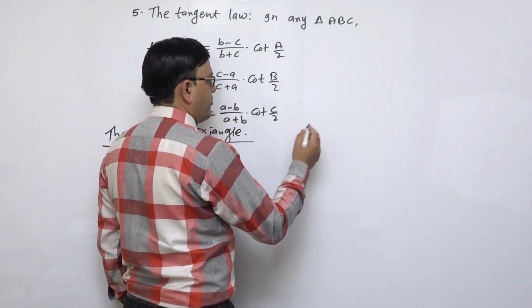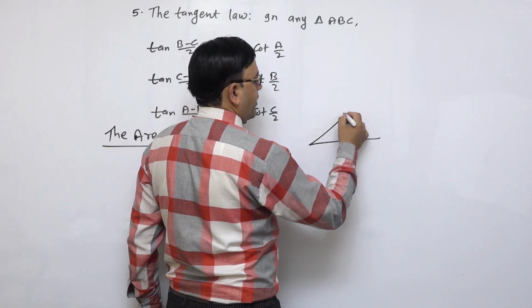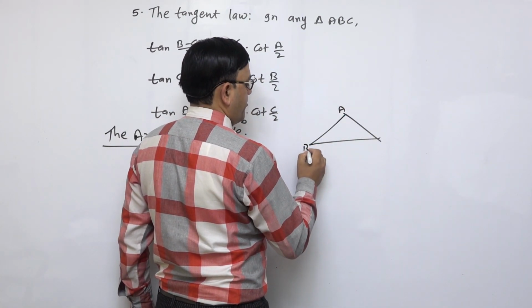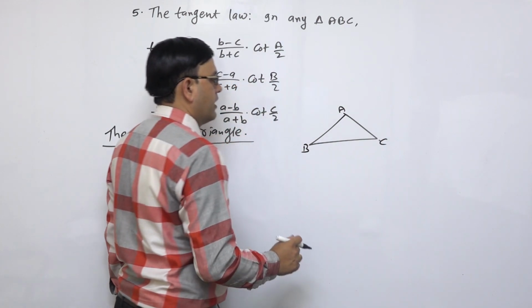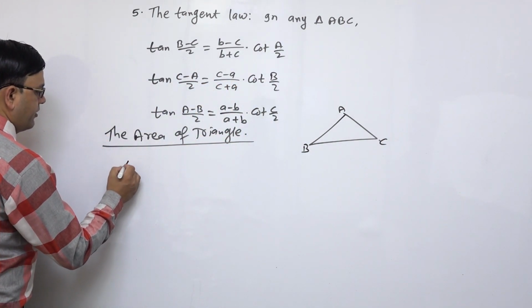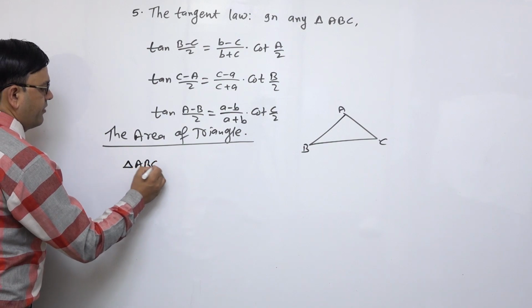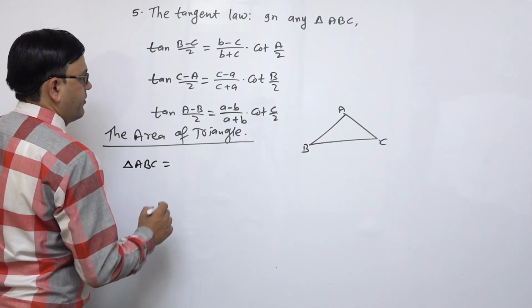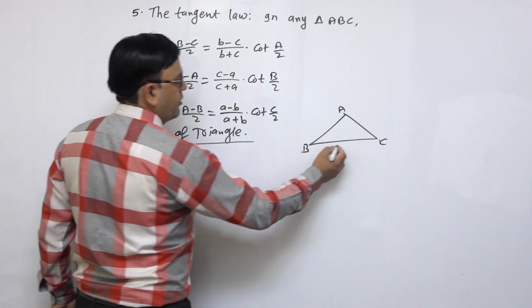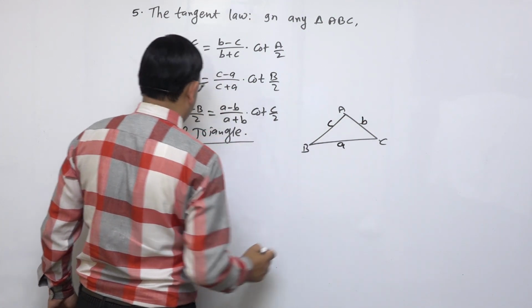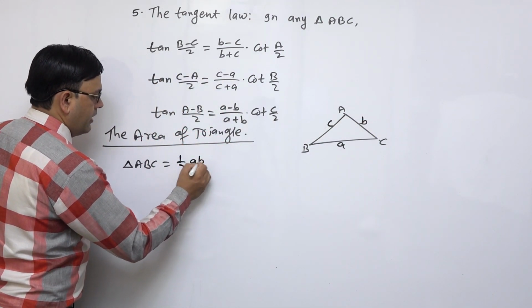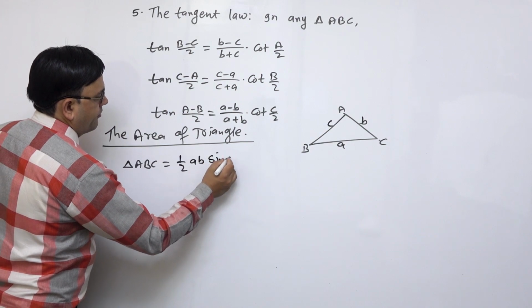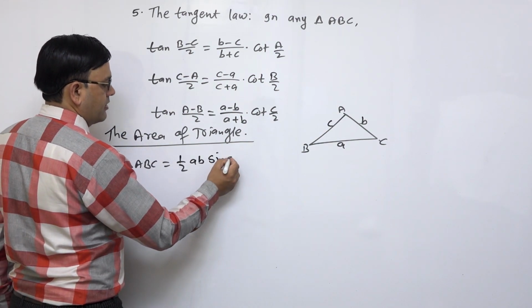Suppose in any triangle ABC, the area of triangle ABC is equal to half ab sin C, where a, b, c are the sides and C is the capital angle.